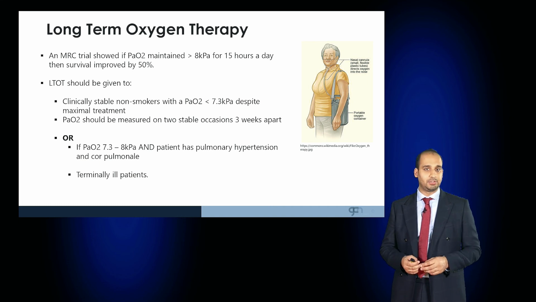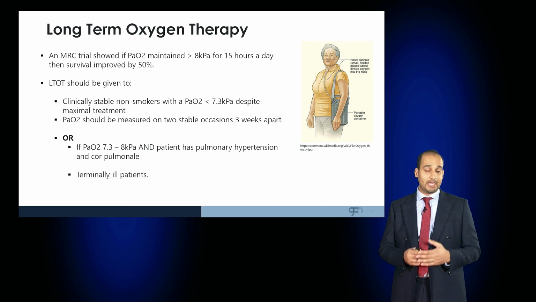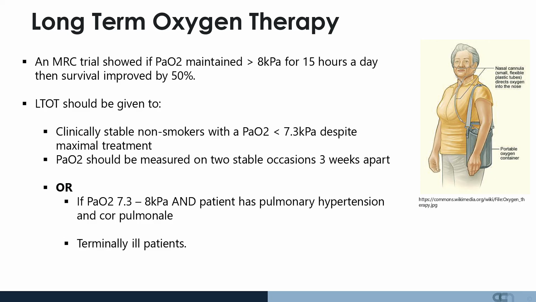An MRC trial showed that if the partial pressure of oxygen is maintained more than 8 kilopascals for 15 hours a day, then survival significantly improves. LTOT is a result of a multidisciplinary team meeting along with the patient to decide whether this is a suitable therapy. And this should be given to clinically stable non-smokers.